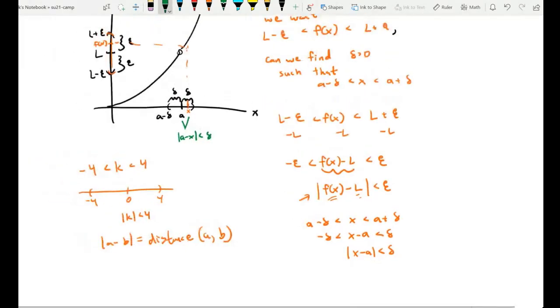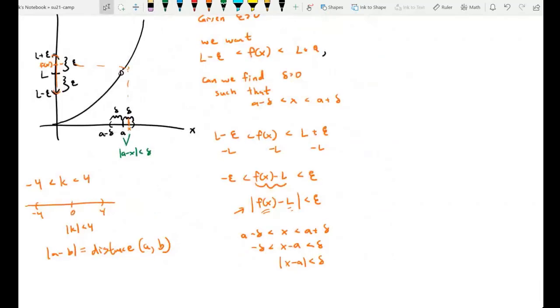Okay. So now we can write down the definition of a limit existing.